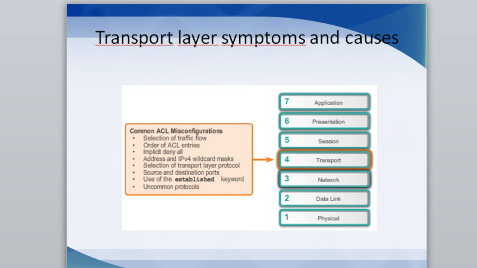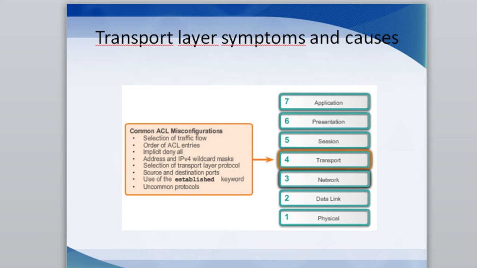You selected the wrong type of traffic flow that should be passing or should not be passing. Not only could it be that you declared the wrong type of entry, but it could also be because of the order in which you declared your entries.